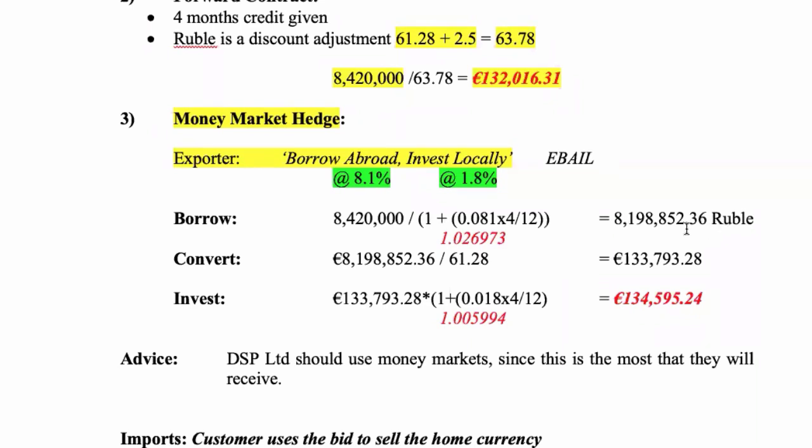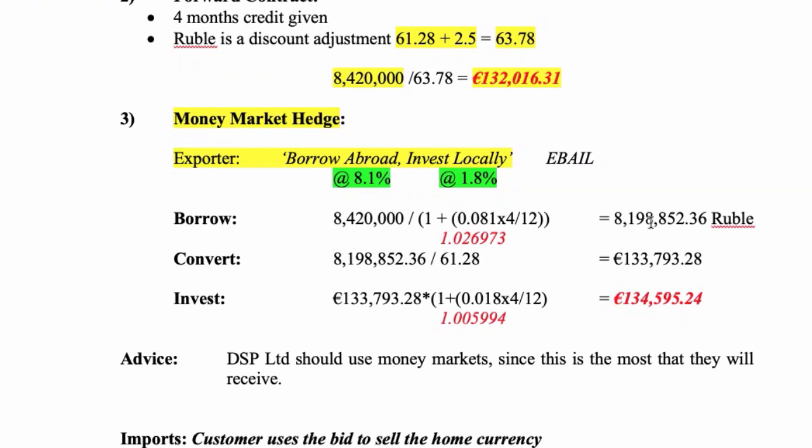Why am I going to convert this into euro and not the 8.42 million into euro? Why am I missing about 222,000 ruble? You have to leave the interest payments there to be paid. Everyone get that?